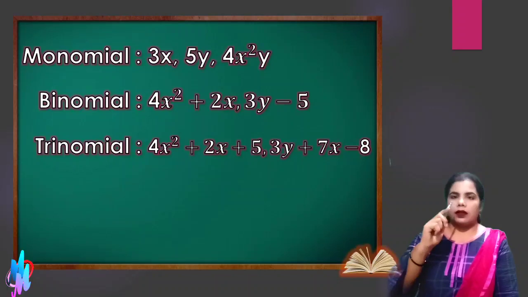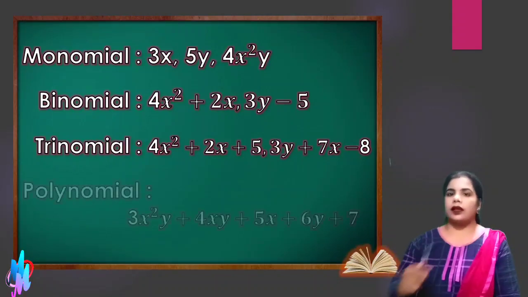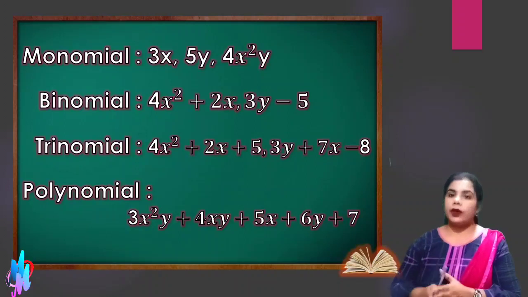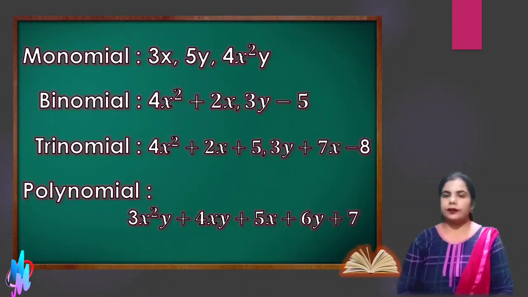Means if four terms, five terms are there, then we are calling it polynomial. In this case, 3x square y plus 4xy plus 5x plus 6y plus 7, then it is known as polynomial. How many terms are there? 5.